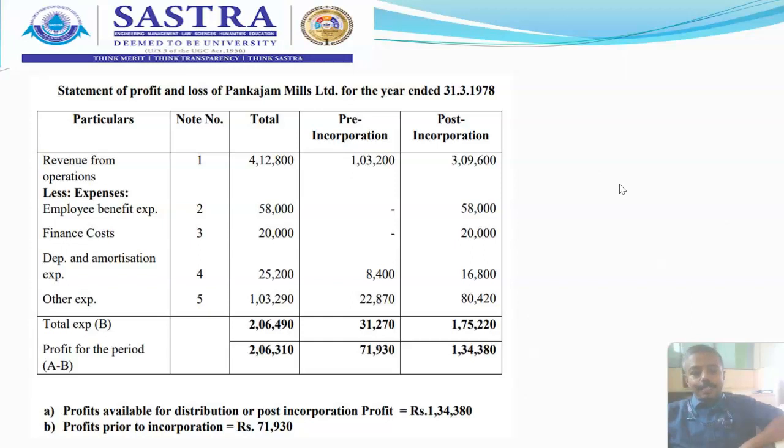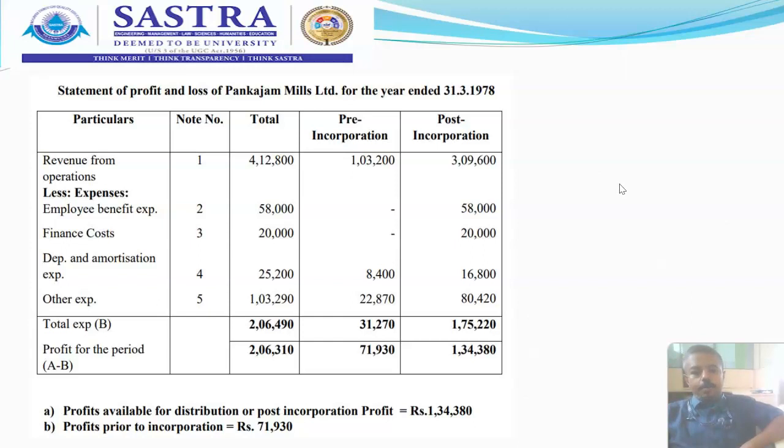Then other expenses, note number 5, comes around rupees 1,03,290, which is the total of 5 different expenses. Of this, after apportionment, we get the pre-incorporation amount of rupees 22,870 and post-incorporation amount of rupees 80,420.